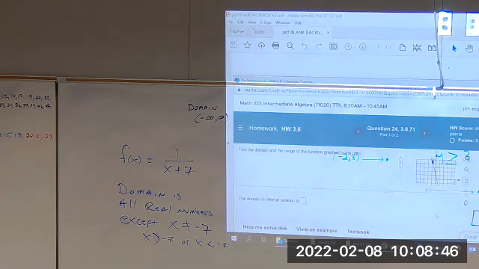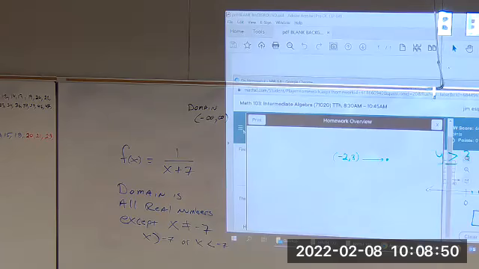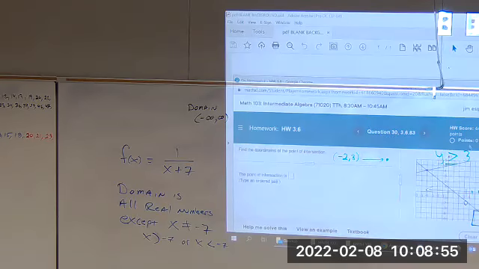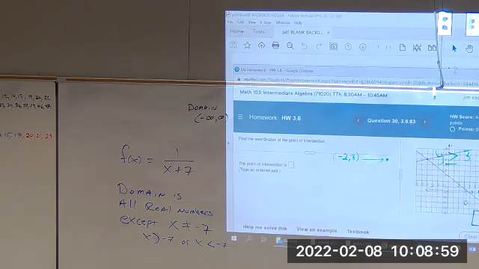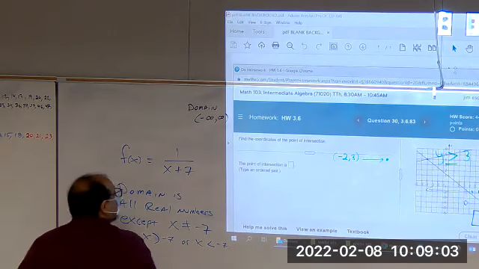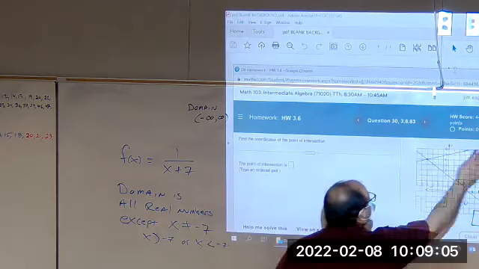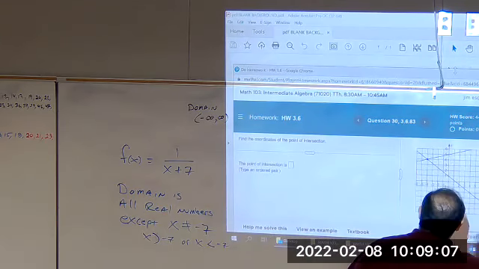And then 30. All they want from you to do on 30. What's the point of intersection? Find the coordinates for the point of intersection for these 2 lines.